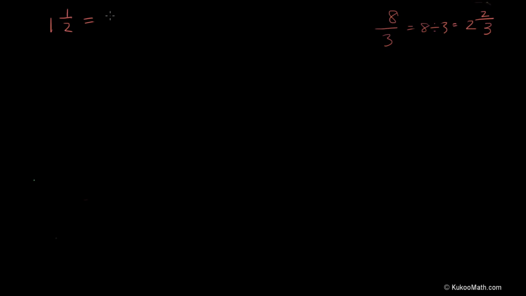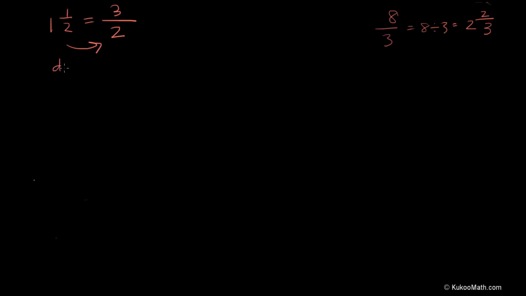So it's 3. And the number that you get from that is going to be your new numerator for the improper fraction. The denominator is still going to be the denominator of the mixed fraction, so 2 here. That's how to convert from a mixed fraction to an improper fraction.